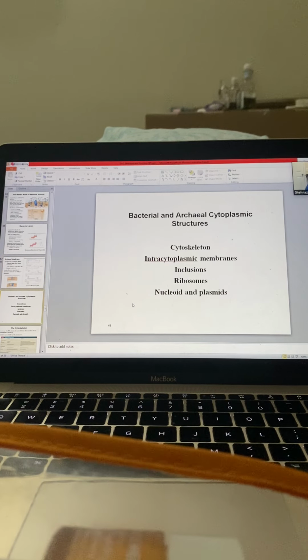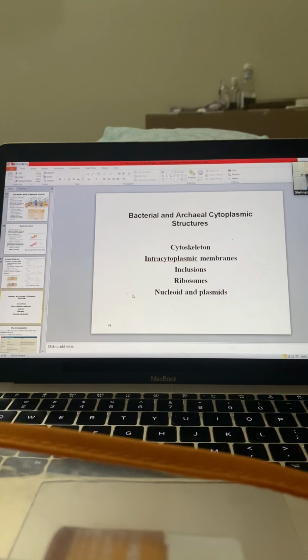Okay, we move on to cytoplasmic structures. There are quite a few components in there that are different from your regular eukaryotic cell. The cytoskeleton is what we will discuss. We will also talk about intracytoplasmic membranes that were new to us. Inclusions means storage material, and ribosomes, of course, are the place where protein synthesis occurs.